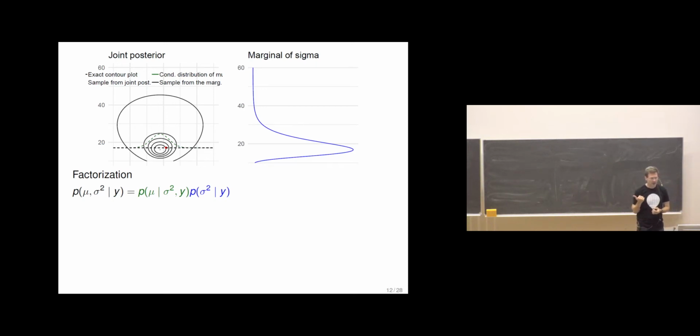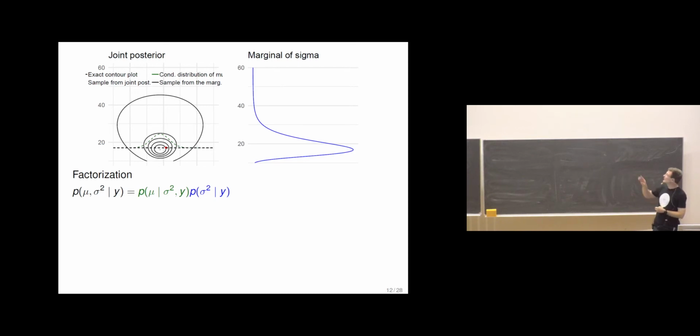Now this also illustrates that, okay, we had the joint distribution, we were able to compute analytically the marginal, but we can also now factorize this joint distribution into a marginal part and a conditional part. This is again just based on basic probability calculus. We have the marginal p sigma squared given y multiplied by the conditional p mu given sigma squared and y.